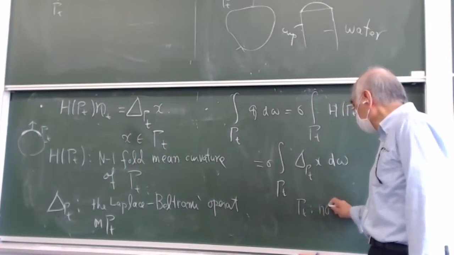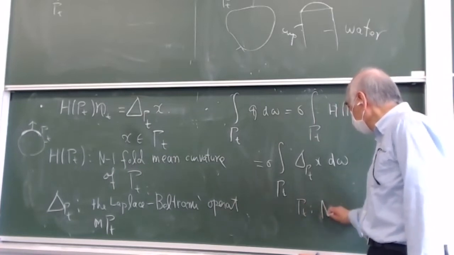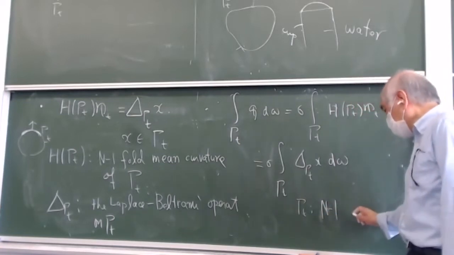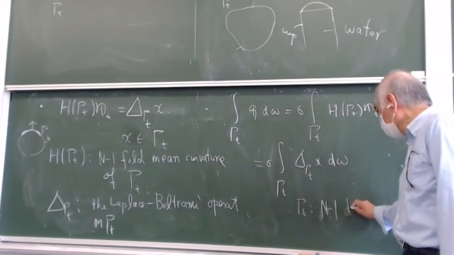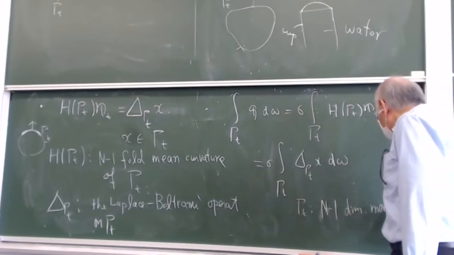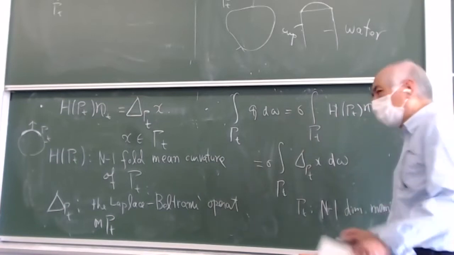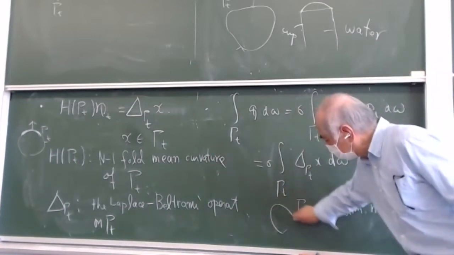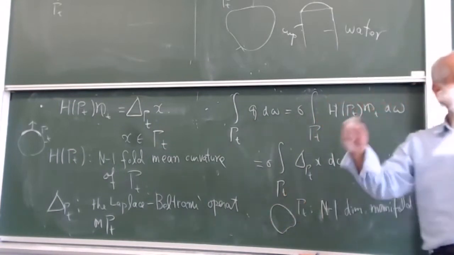I mean, we assume it is an n-1 manifold without boundary, like a circle.